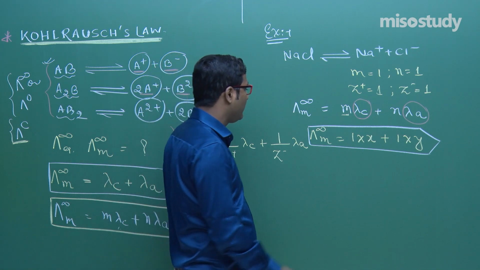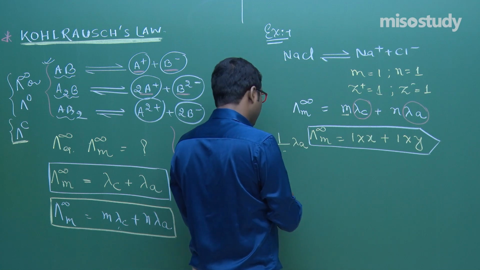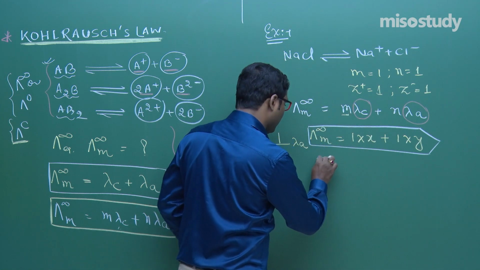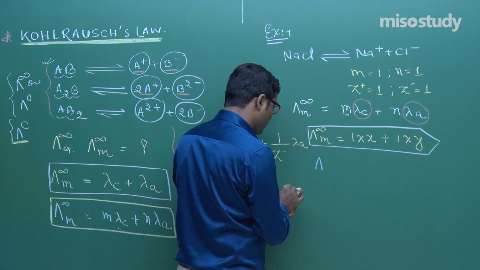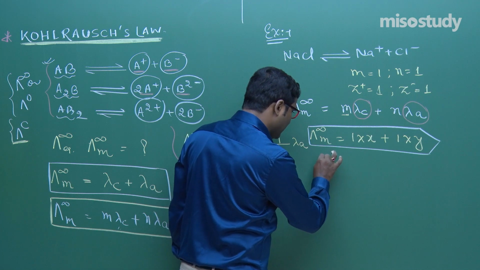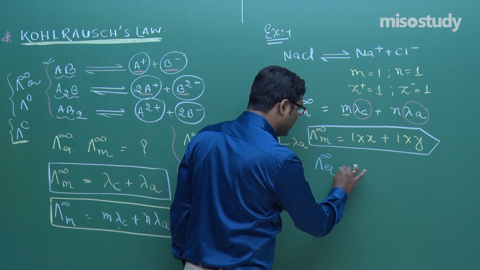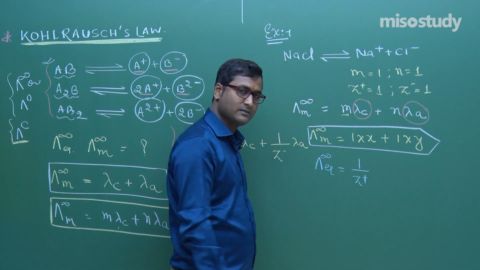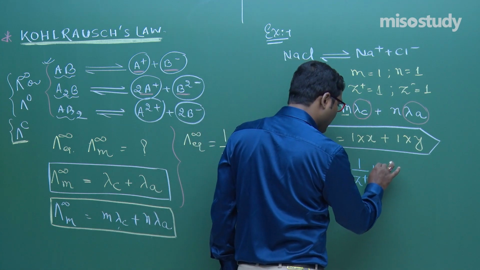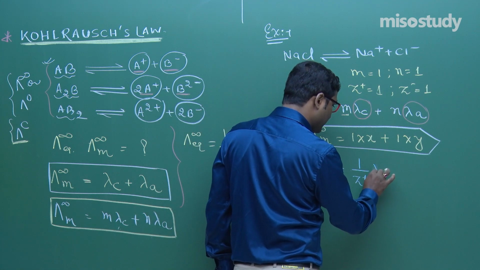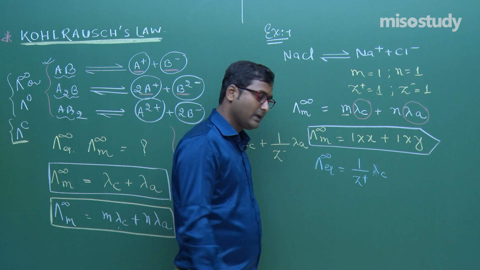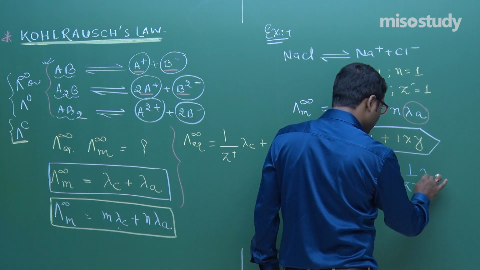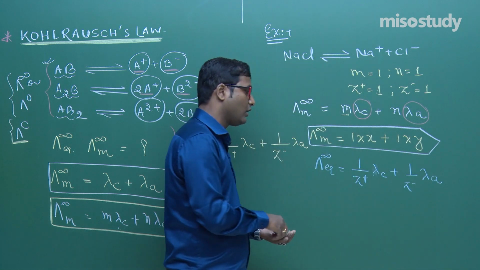Now if anyone asks you to write down the expression for equivalent conductivity, then what will you do? Tell me, my friend. That is, equivalent conductivity at infinite dilution is equal to 1 upon Z plus into ionic conductivity of cation plus 1 upon Z minus into ionic conductivity of anion.